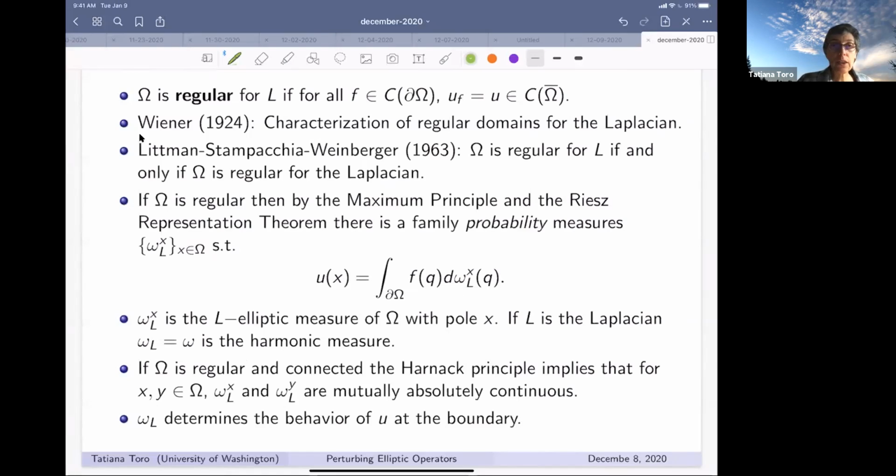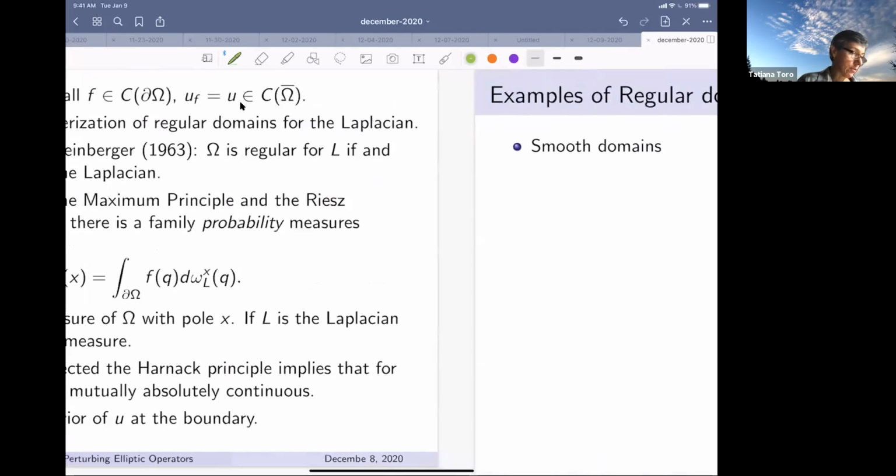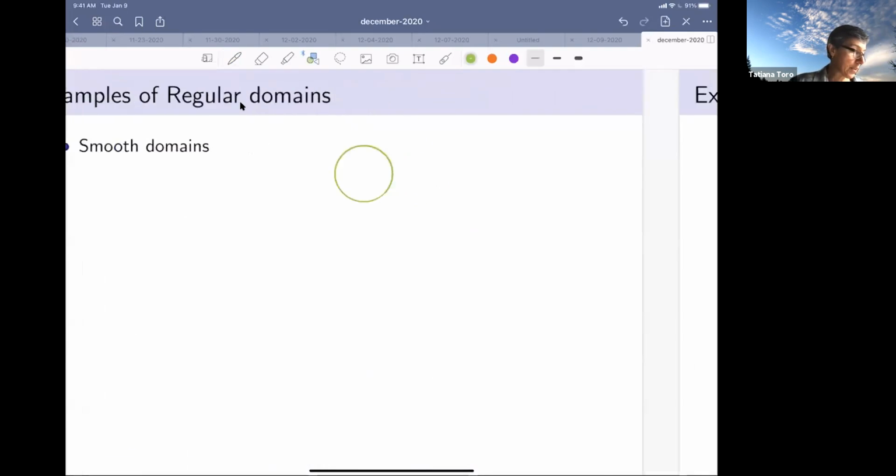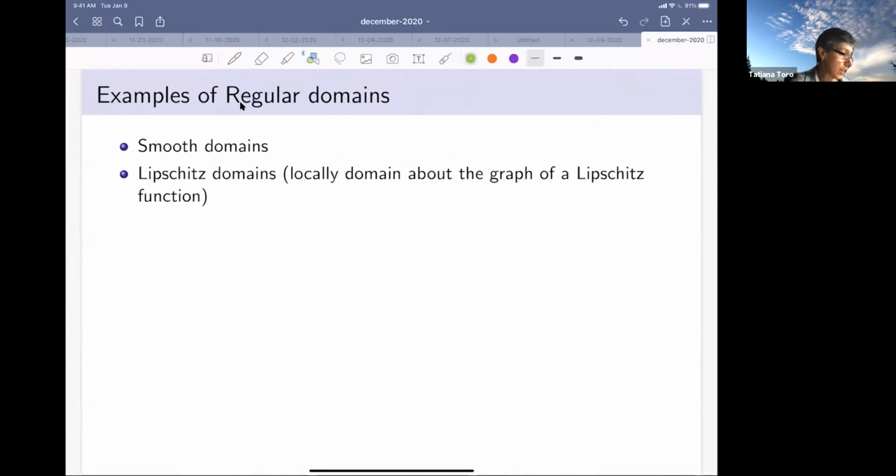So I started this slide with omega is regular. So let me give you some examples of regular domains. So smooth domains are regular. Maybe my favorite smooth domain is this guy, and some of the results we'll talk about today are new even for this case. A Lipschitz domain.